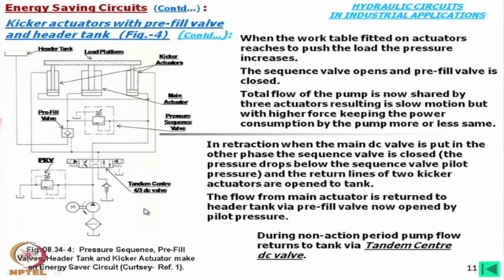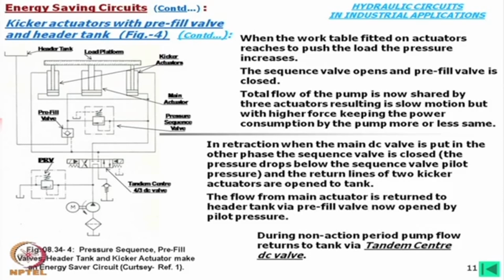the tank. So, this is a very good example that when we use such pressure load and these things with kicker actuators and pre-fill valve, we can save the energy.